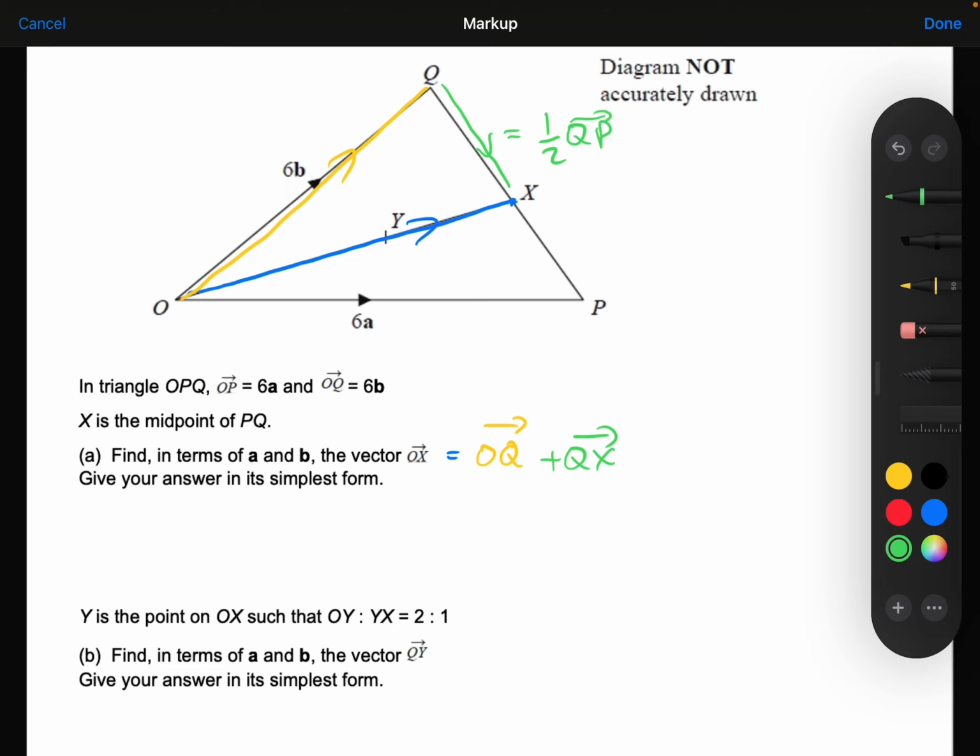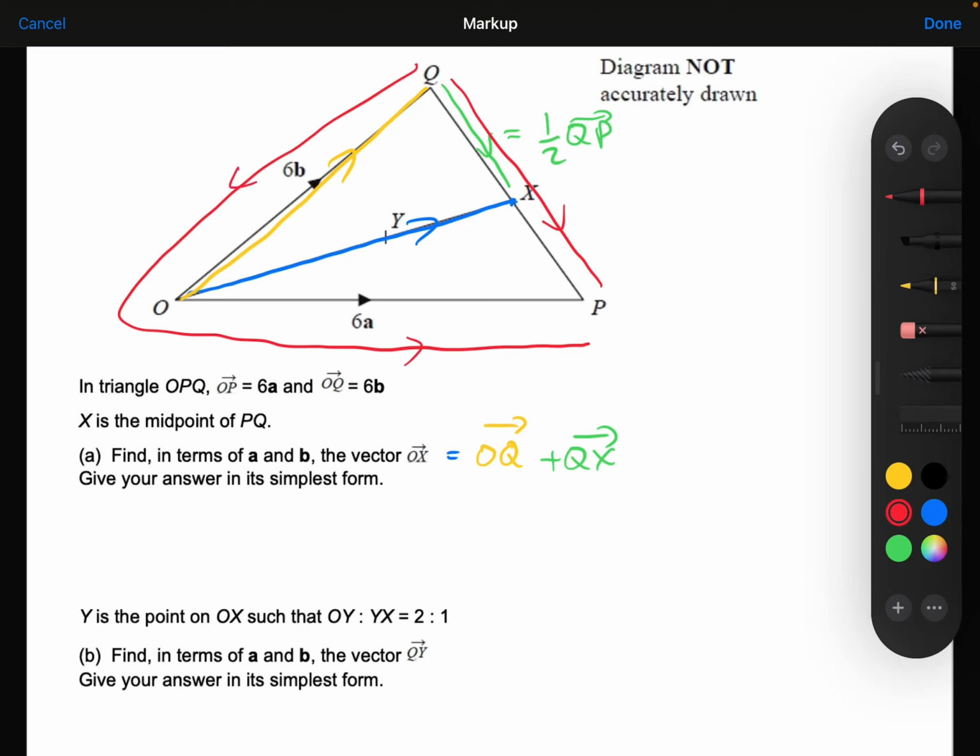So now I'm thinking, well, what's QP? Well, I know that's going to be the same as QO plus OP, which would be minus 6b, because we're in the opposite direction here, plus 6a.